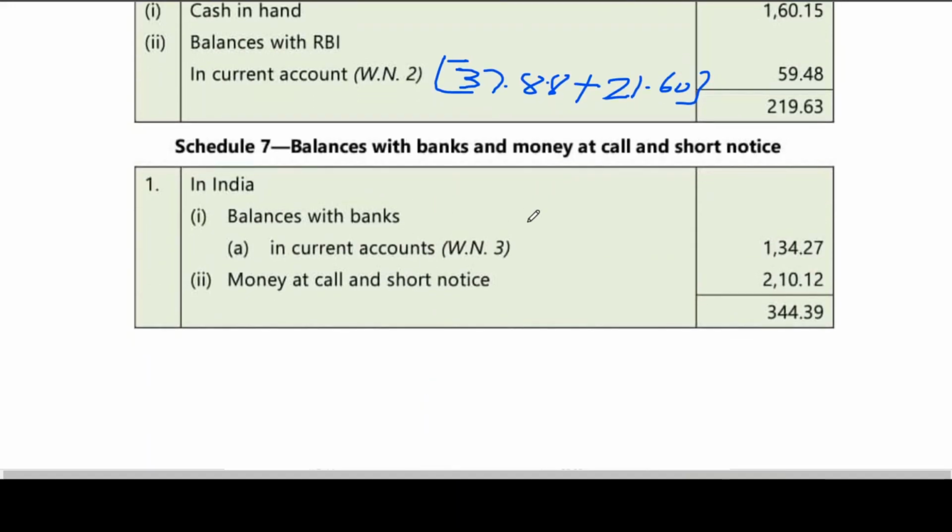Balances with banks and money at call and short notice. In India, balance with banks in current accounts is 134.27. Balance with banks means other banks. How did you get that 134.27? I told you.